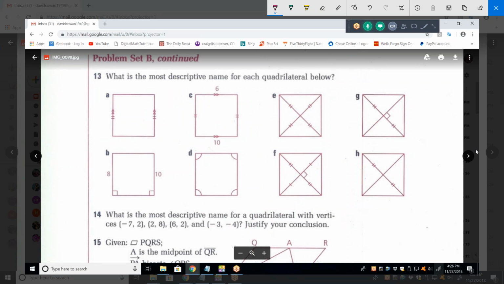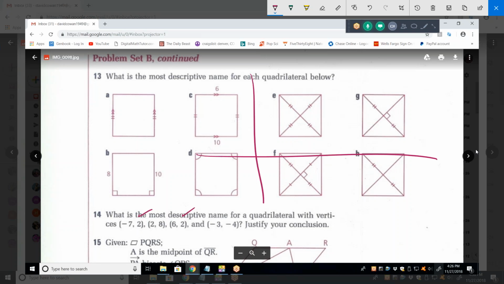All right. Number 14. Let's just first check to see if we got stuff that's the same. The only 2 points I can see that are the same are those two. I don't see anything else that's the same. So it's not going to be a rectangle. So we better plot it. Okay.